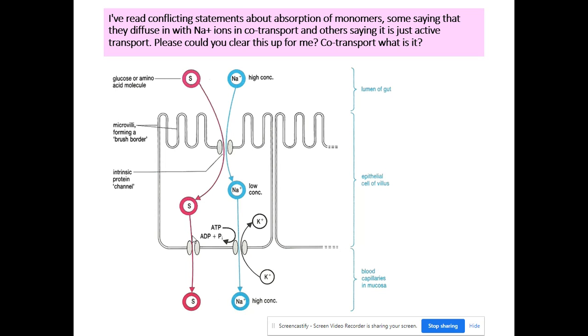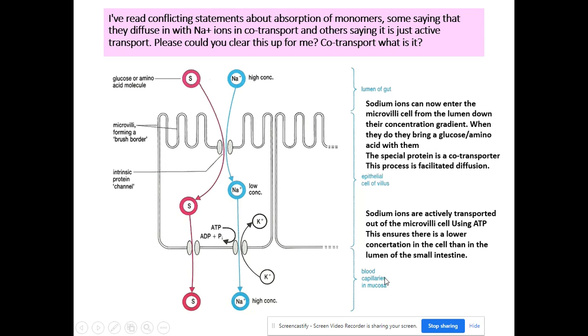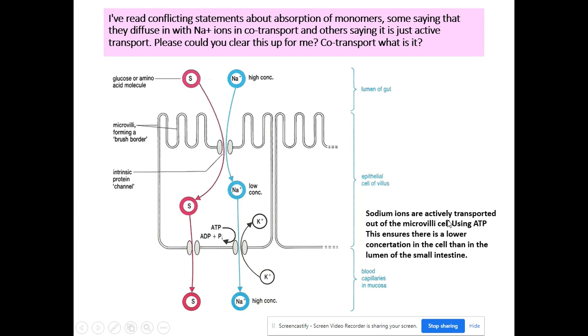Well, actually, we're going to start off at the bottom here, down with this protein pump here that's using ATP, because the first thing that we need to think about is that the sodium ions are actively transported out of the microvilli cell using ATP.